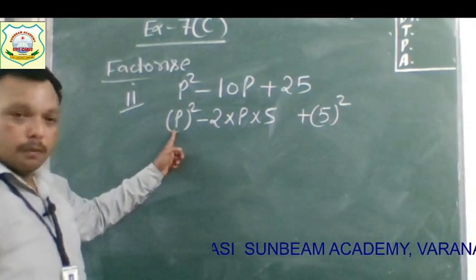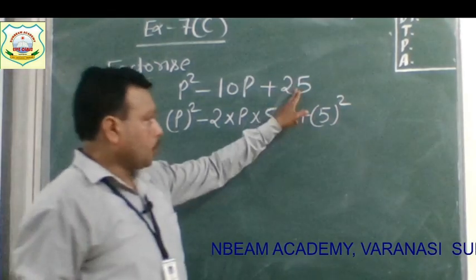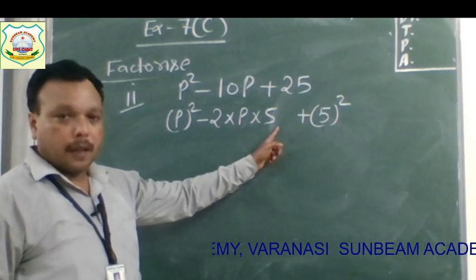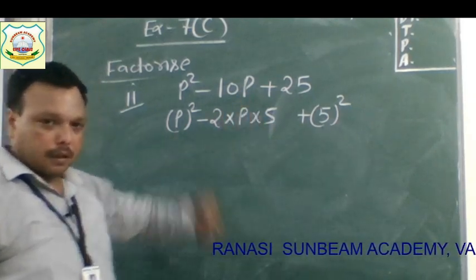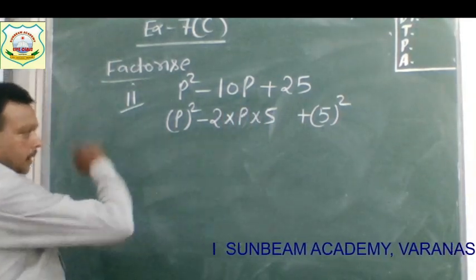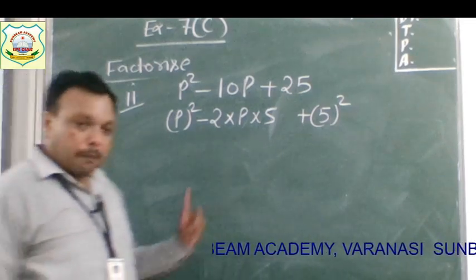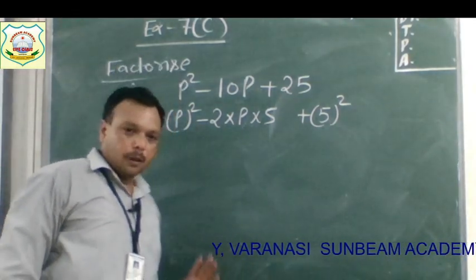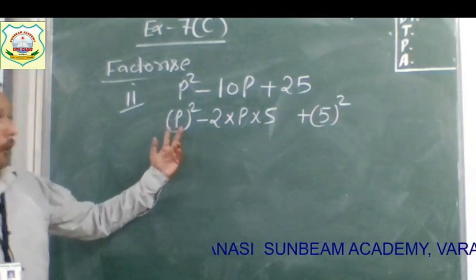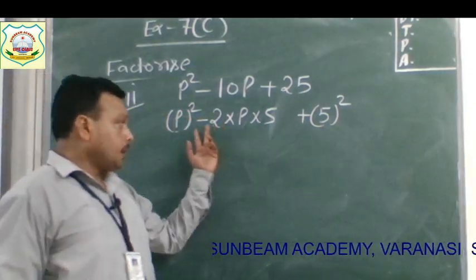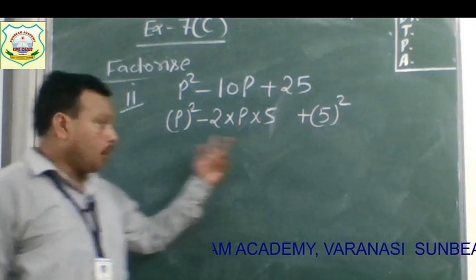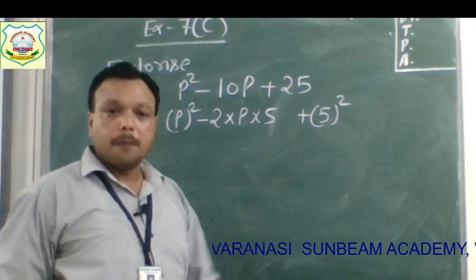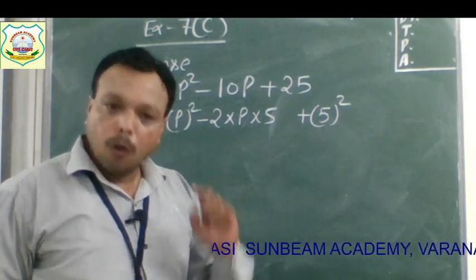P square, p whole square, 25 is the square of 5, 5 whole square, 2 multiply p into 5, means 5 2s are 10p. Clear? But students, a square plus 2ab plus b square is the form of a plus b whole square. But this is not a form of a square plus 2ab plus b square. It is a form of a square minus 2ab plus b square. So, this is a form of a minus b whole square.